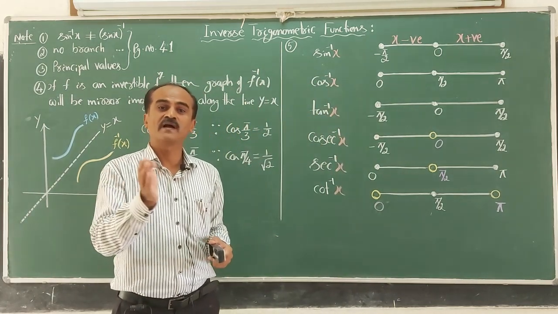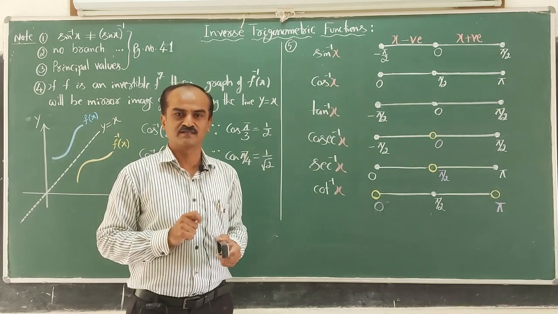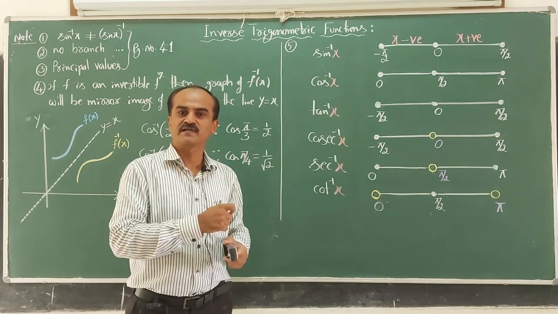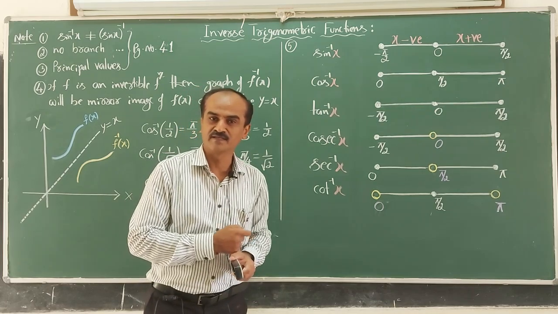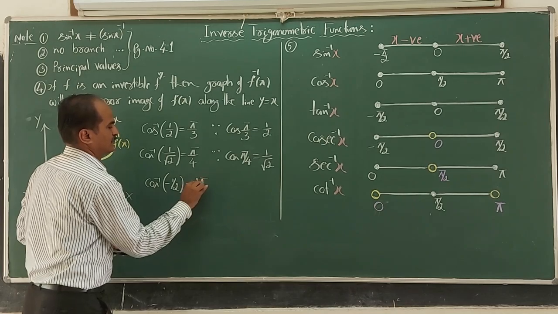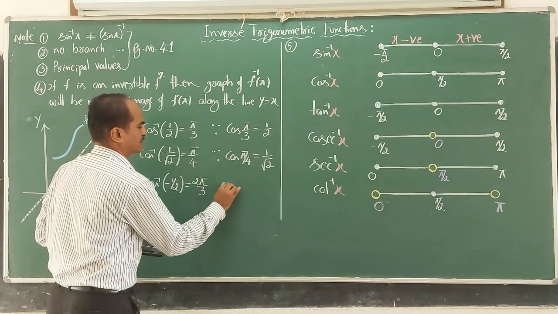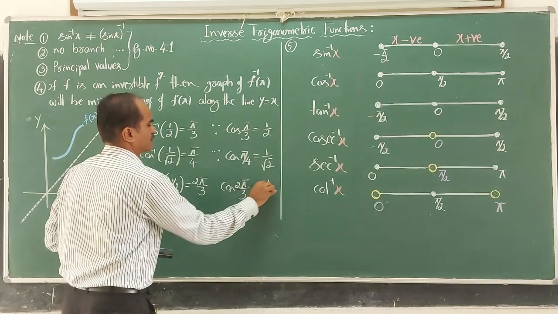Cos of pi minus pi by 3: cos of 180 minus theta is minus cos theta. So, cos of pi minus pi by 3 is minus cos pi by 3, that is equal to minus 1 by 2. How much is pi minus pi by 3? It is 2 pi by 3. So, therefore, cos inverse of minus 1 by 2 is 2 pi by 3, because cos 2 pi by 3 is minus 1 by 2.